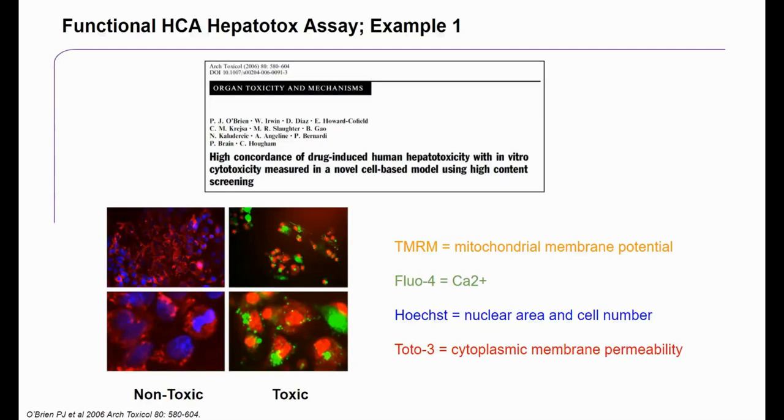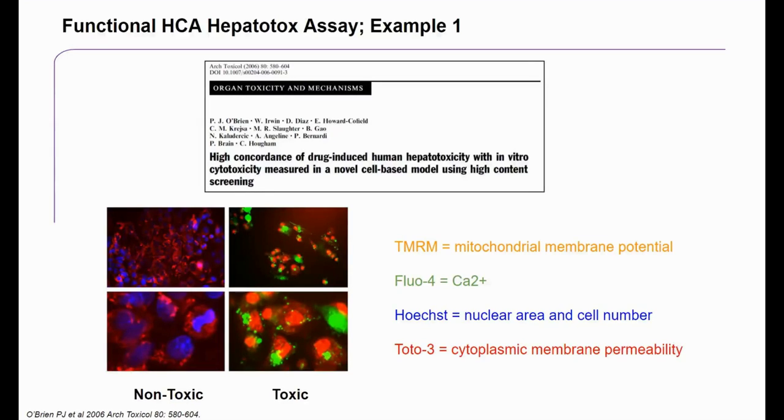And I want to show you a few examples now of various different platforms that have been developed. The first one is an assay that was developed back in the mid 2000s by Peter O'Brien and a group from Pfizer at the old Sandwich Pfizer site in the UK.